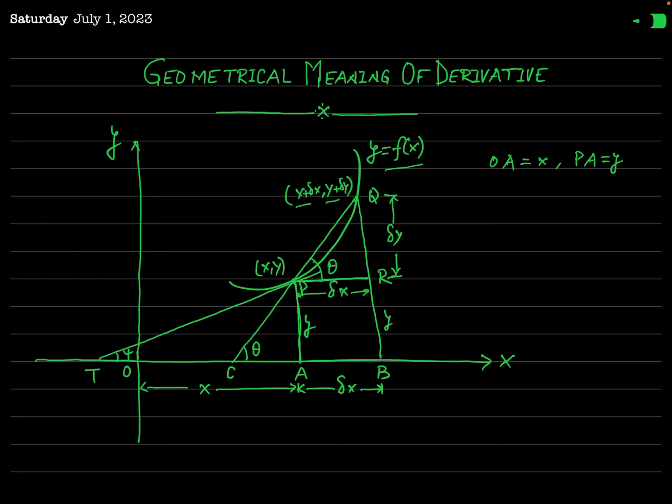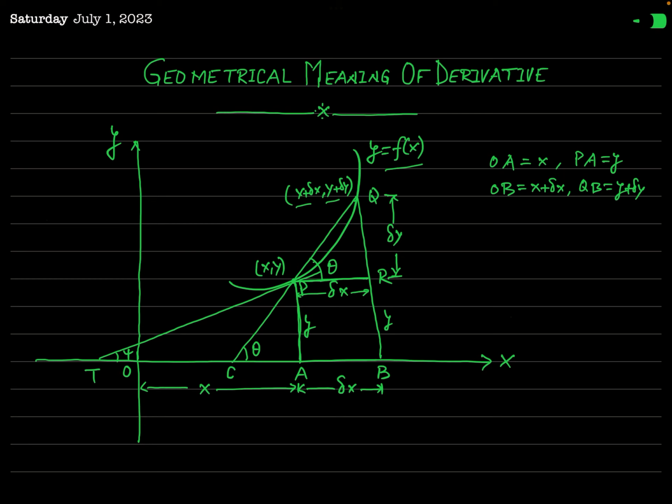Okay, now again you can see that this OB will be equal to what? This is x plus delta x, and I have marked this in this figure, and this QB is equal to y plus delta y.